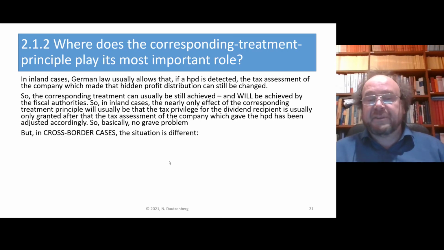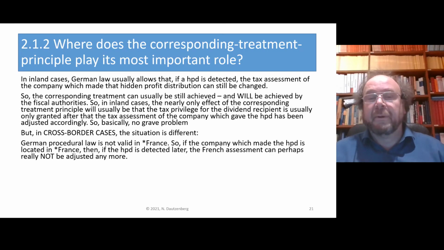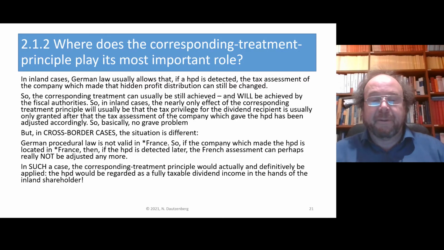So in cross-border cases, the situation can really happen that you have a non-corresponding treatment, and so the reduced rate or 60/40 rule or 8B1 are lost effectively.